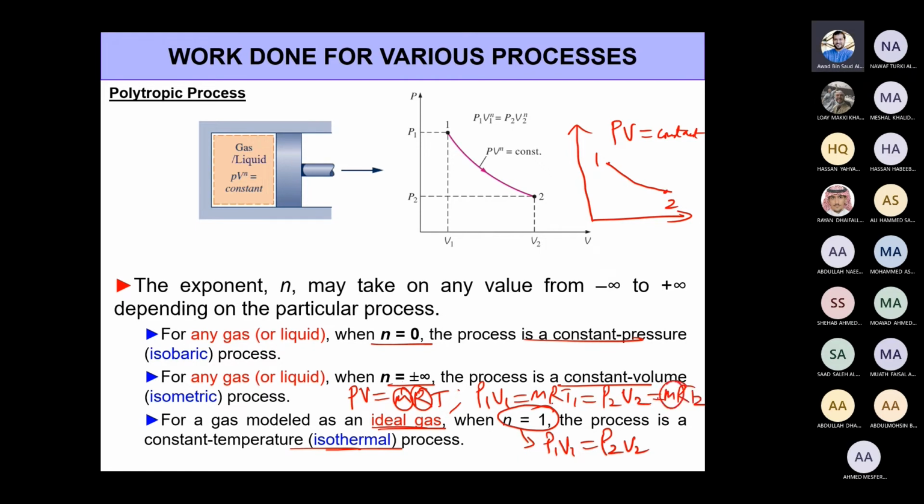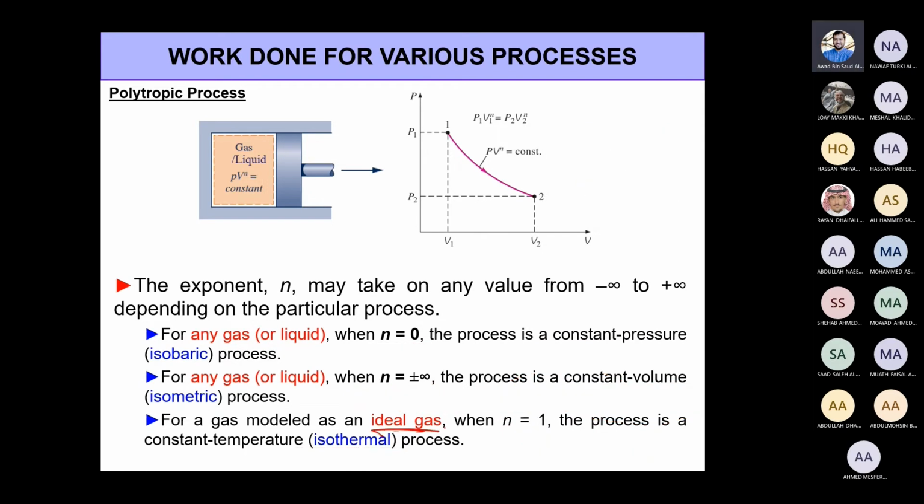Now m and R are constants; they can get cancelled out, right? So essentially, if P1 V1 has to be equal to P2 V2, nothing can change in terms of m and R. So the only situation where such a thing can happen is if T1 is equal to T2. So for an ideal gas, when n is equal to 1, T1 has to be equal to T2.